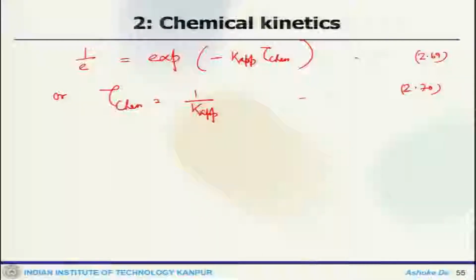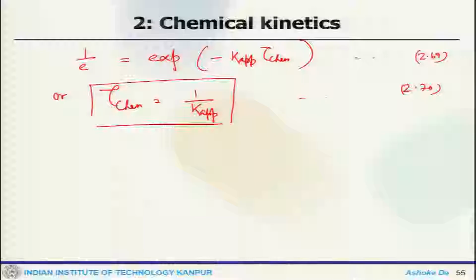So, this is what one can estimate for a unimolecular reaction: the chemical time scale for that unimolecular reaction.